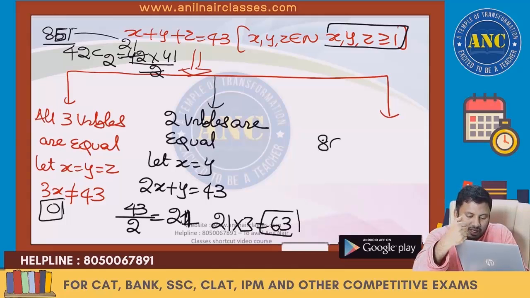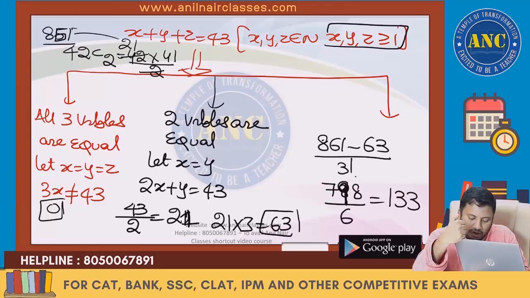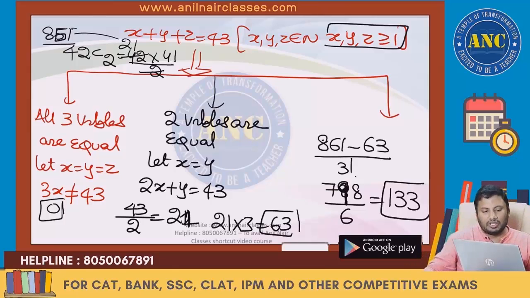So 861 minus 63, divided by 3 factorial, which is 798 divided by 6. 133 values it will take.